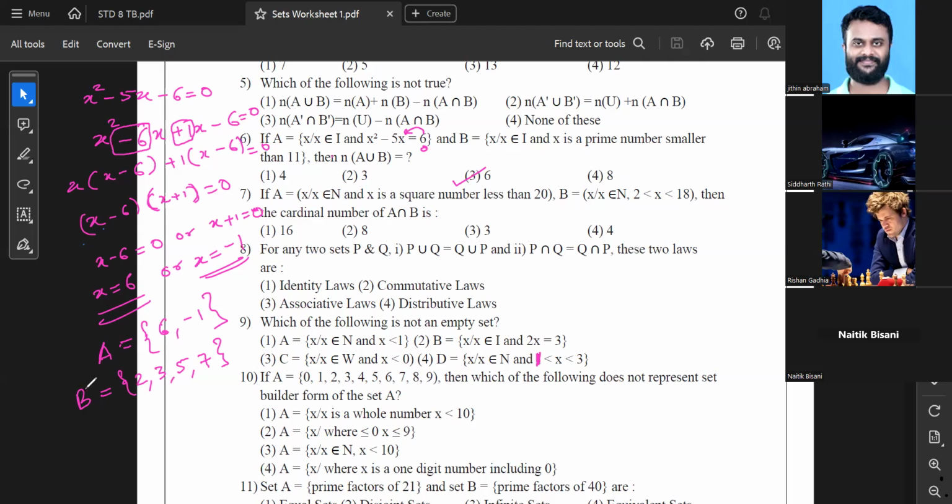Sir, can we take n? If we take n, then 1, 2, these are the two possibilities. No. The thing is, you cannot take n also. When you say n, 1 is also n and 2 is also n, right? So will you consider 2 over here or will you consider 1 over here? Then it'll become a null set. That's right. Okay.